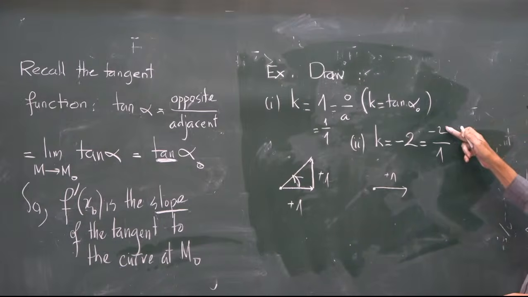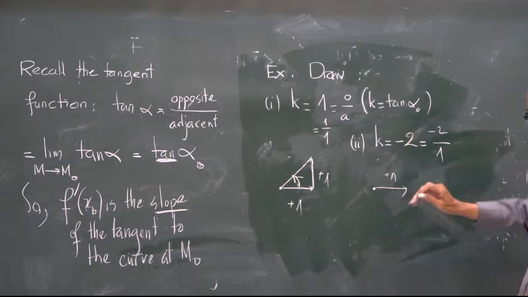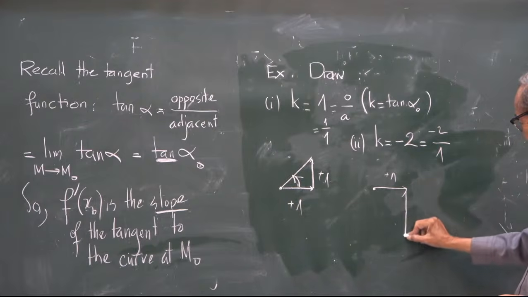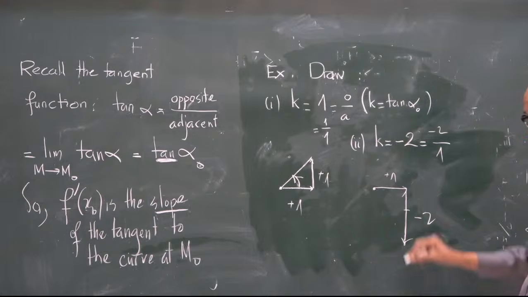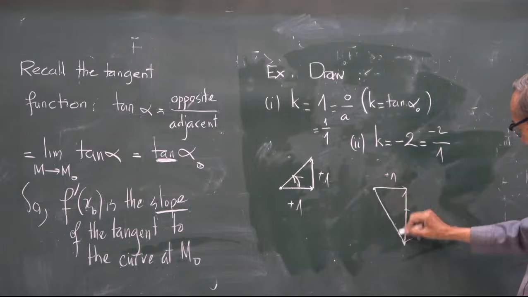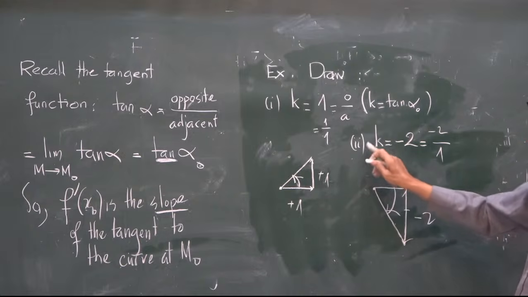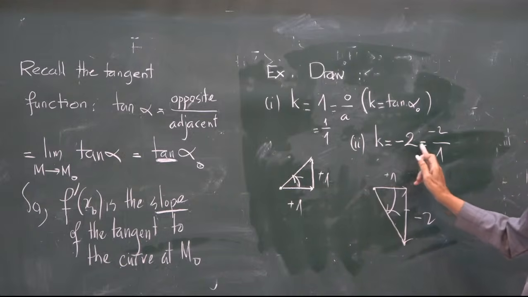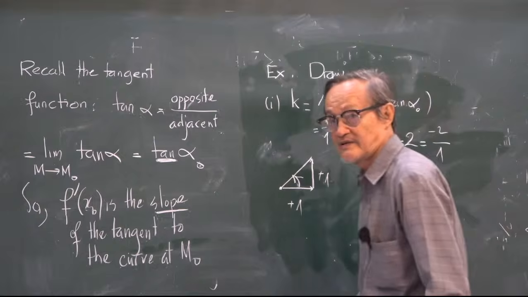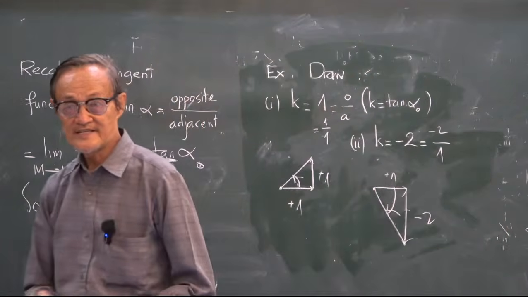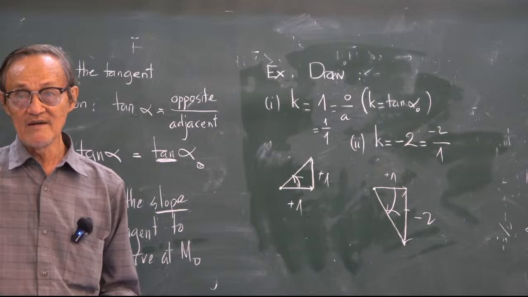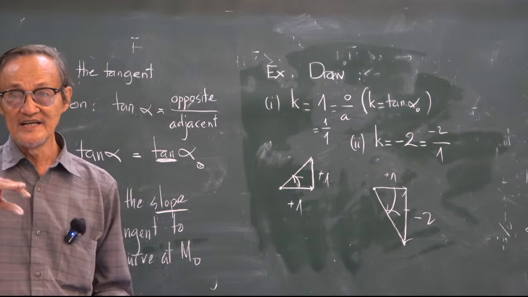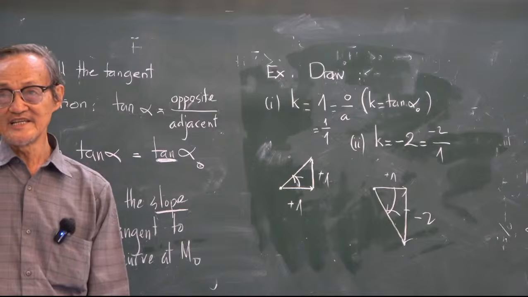And minus from the top to the bottom, minus 2. And we have this angle. K equals minus 2. Okay, tangent equals opposite over adjacent.